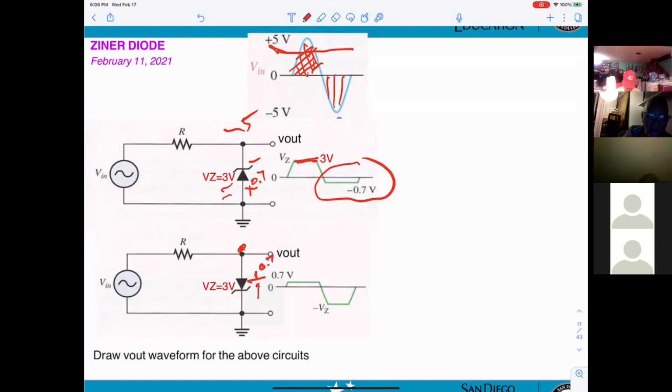So that's why you get 0.7 here. And on the negative, the Zener is in breakdown. Okay, so that's why you get minus VG for this part right here. And that'll be a -3. Right. Okay.